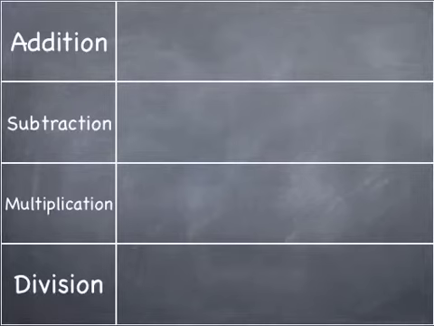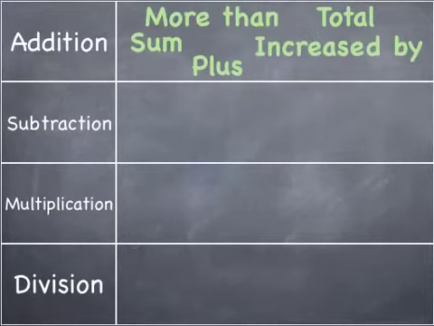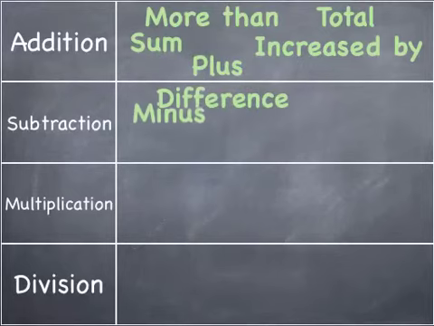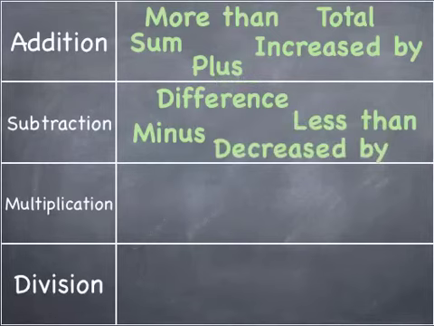Some words that would indicate addition would be sum, plus, total, more than, or increased by. Some words that would indicate subtraction are difference, minus, less than, or decreased by.